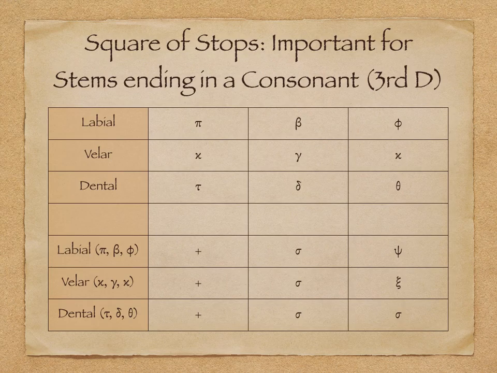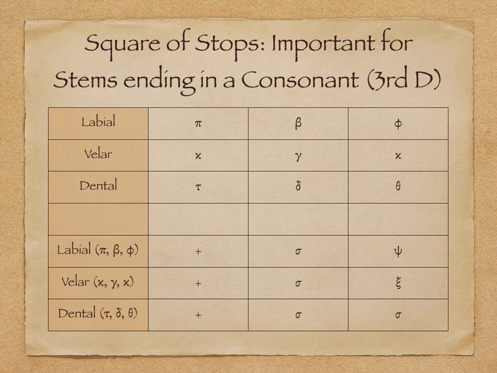Well, when those consonants interact with a sigma, remember that sigma is strong. It knocks out a tau, it knocks out a nu, and when it comes into contact with these consonants, it affects them as well. It doesn't knock them out, but it changes them. When a sigma comes up against a labial, a pi, beta, or phi, the result is psi.